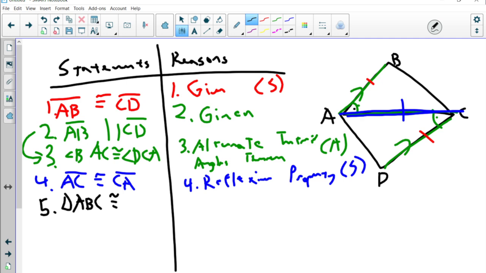So that means that A rotates around to C. So because I wrote A first, I'm going to write C first in the other triangle, and then B rotates down to D, and C rotates around to A. C, D, A, in that order. And what was my method? It's side angle side. I've got an angle included between the two sides.